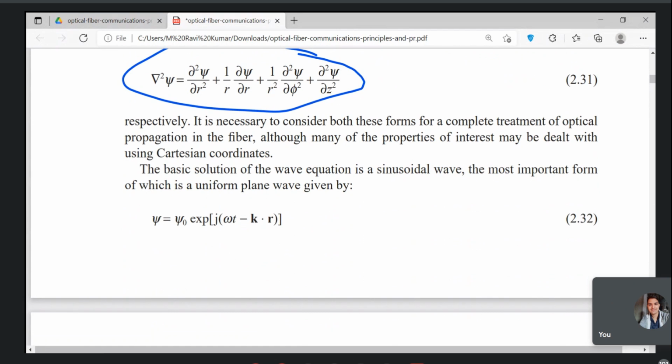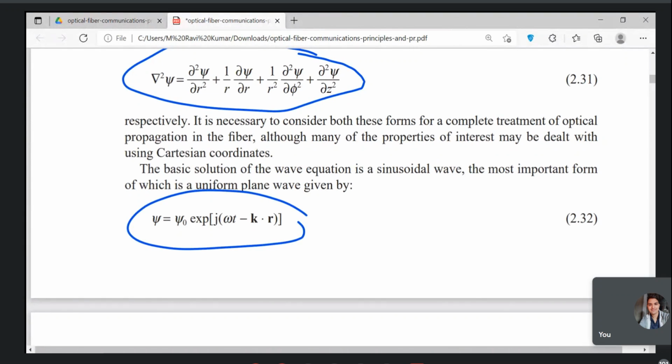Now, if you consider an electromagnetic wave that has this standard form, this standard form is necessary to represent an electric field or a magnetic field.